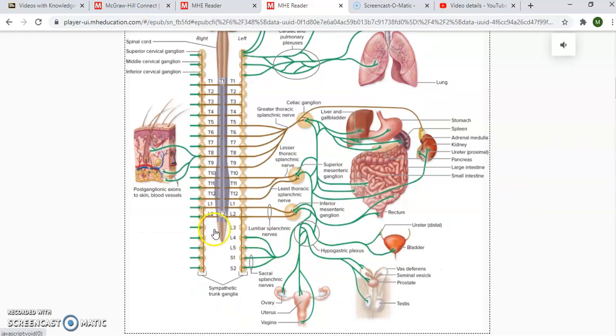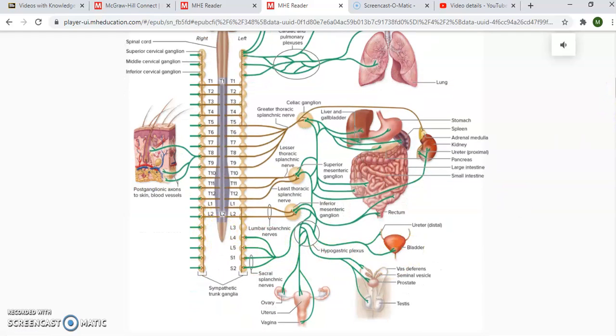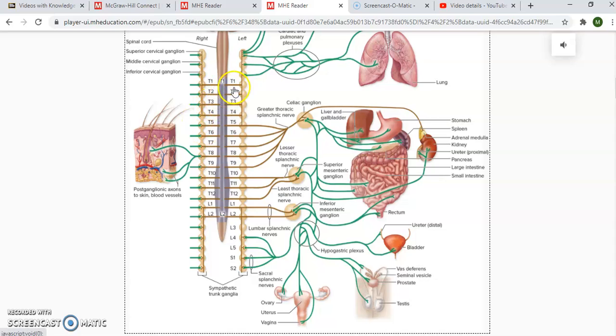There's none coming off of the sacral region of the spinal cord. So the rest of them are extending off of our thoracic region of our spinal cord and then our lumbar region. So that's where those preganglionic motor neurons are originating from.